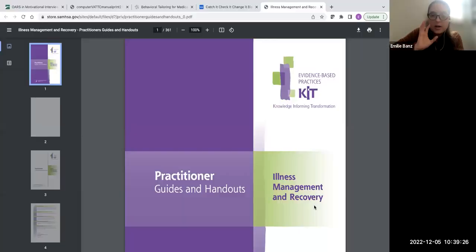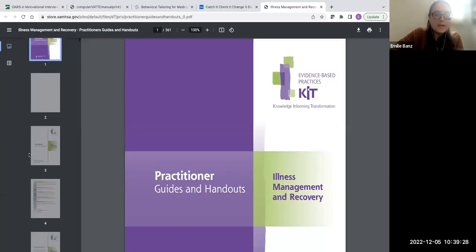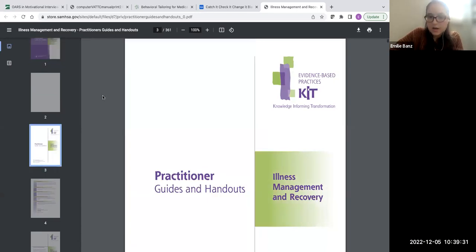So illness management and recovery in and of itself is an evidence-based intervention. It's an evidence-based practice. I know at least out here in New Jersey, it's used a lot in our state psychiatric hospitals. Individuals in the hospital will attend illness management and recovery groups.